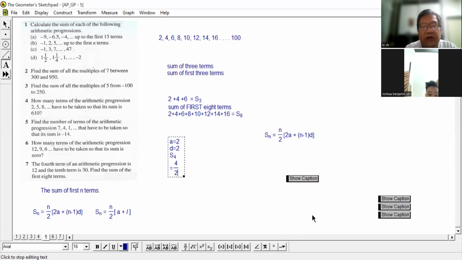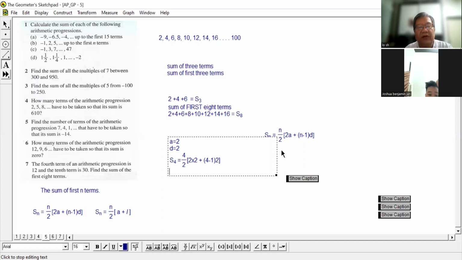This number is always 2, you cannot change it. Now we have 2a, 2 times a, which is 2, plus n minus 1, so it's 4 minus 1, and the d is 2.